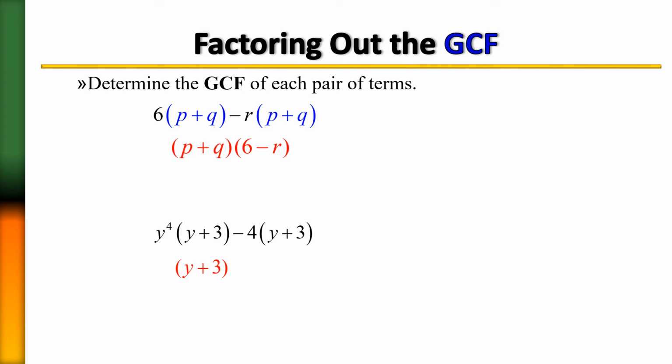So that is my GCF. And what is left once you take that GCF out? If you said y to the 4th power minus 4, then that is correct. And there you have it, factoring out the GCF from a pair of binomial factors.